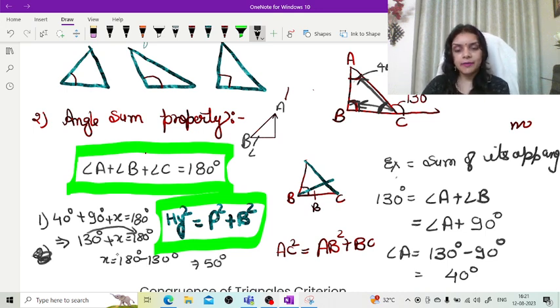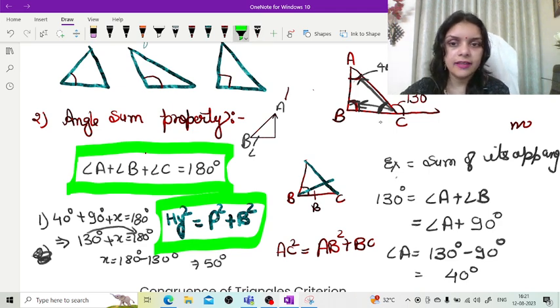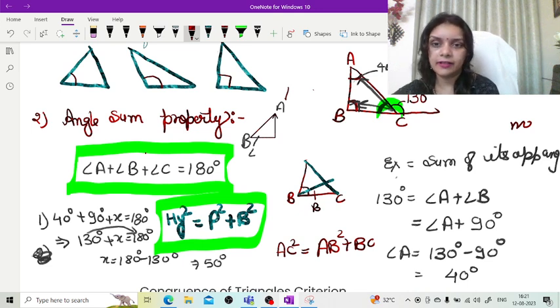What is the second method? According to the second method, see, this and this, both angles together are making a 180 degree angle. That means this is linear pair, right?